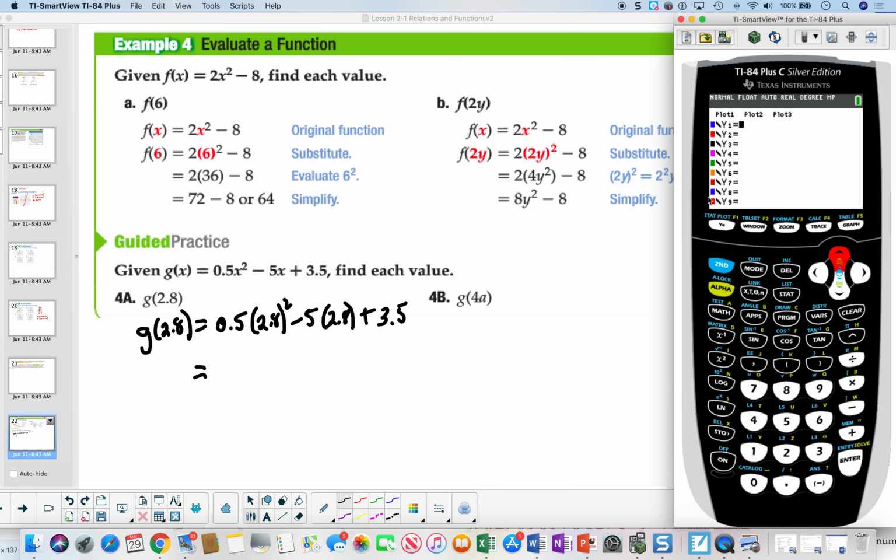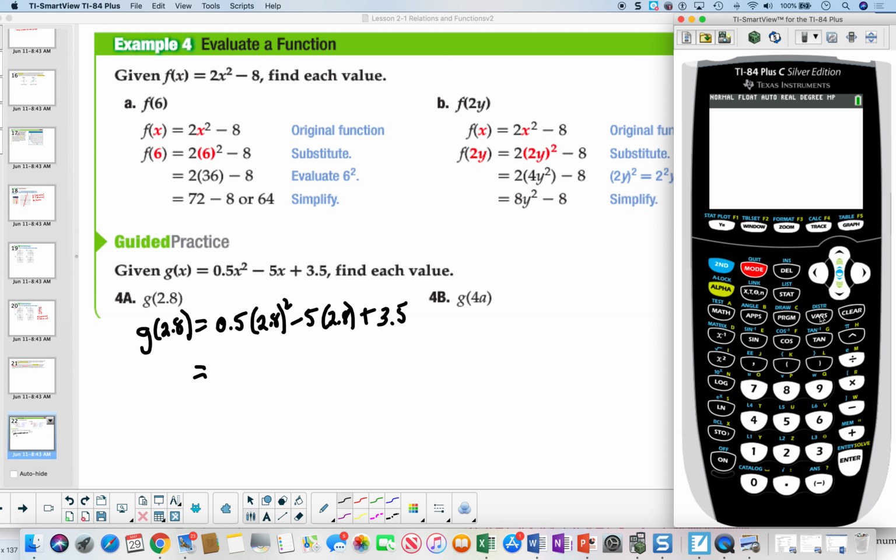So I'm going to put in 0.5 x squared, and I'm in the y equals screen, minus 5x, and then plus 3.5. So I've written down my g of x. I know it says y sub 1. Then I'm going to do second, quit.